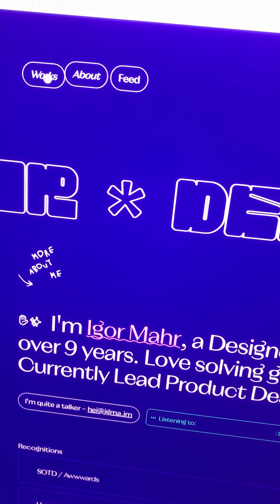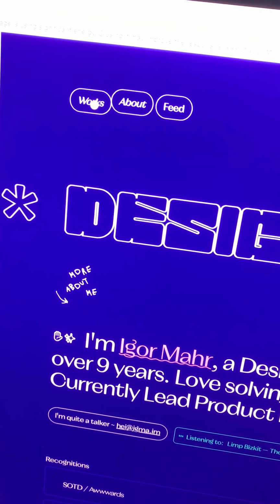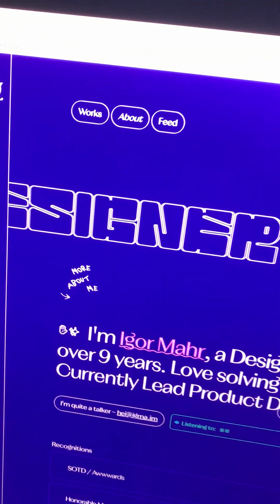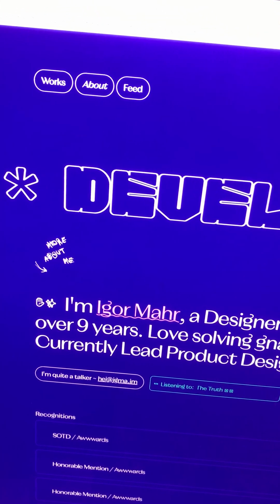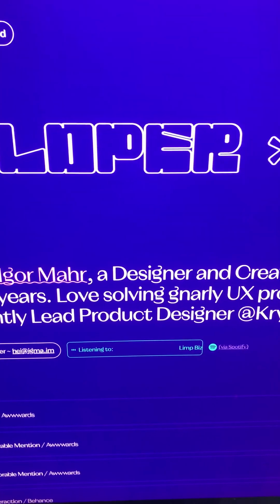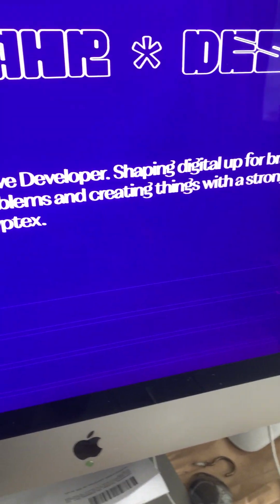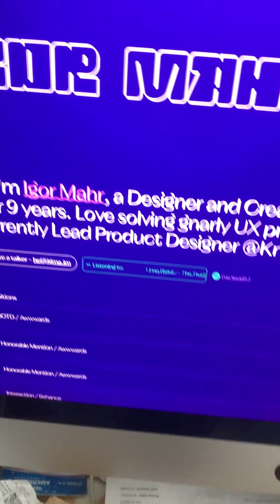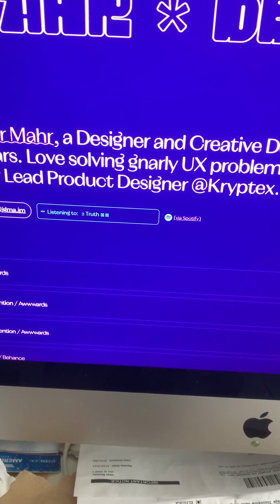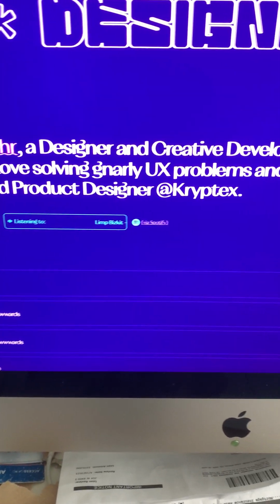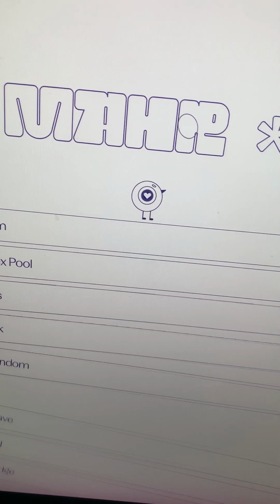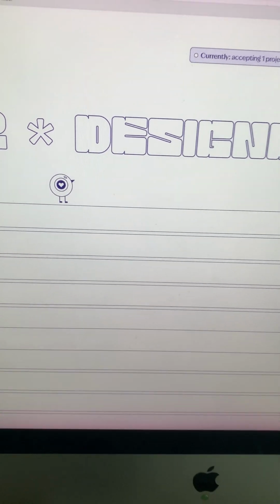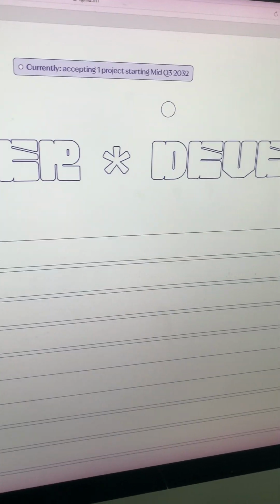Then he learned development. It doesn't say exactly where he went to school, but apparently he has 9 years of experience, creating branding identity projects, and is currently a product designer at that company. Overall, I think this is a pretty impressive portfolio.